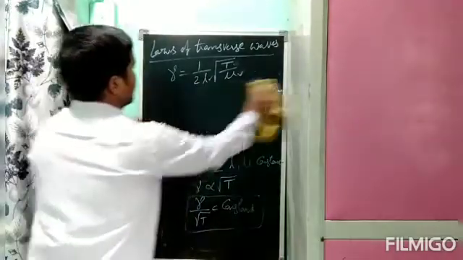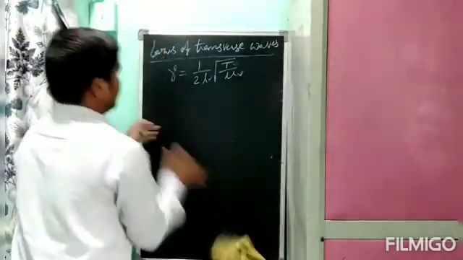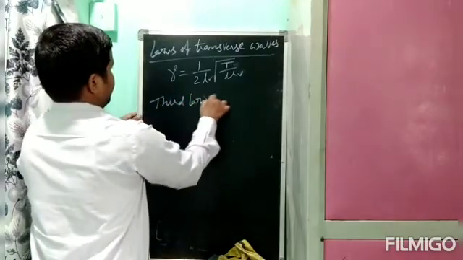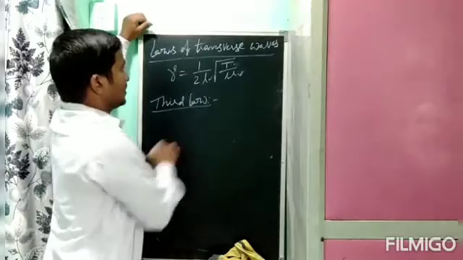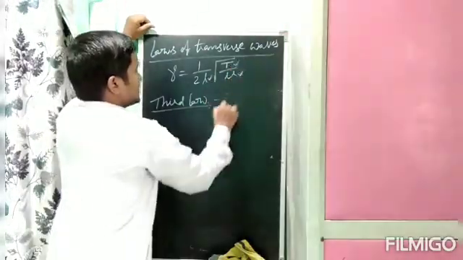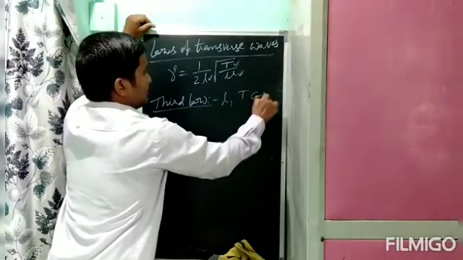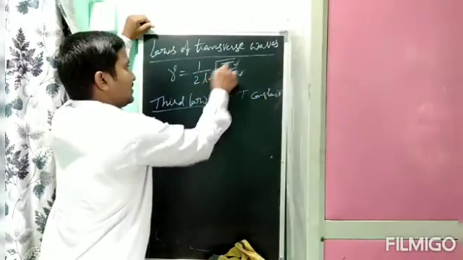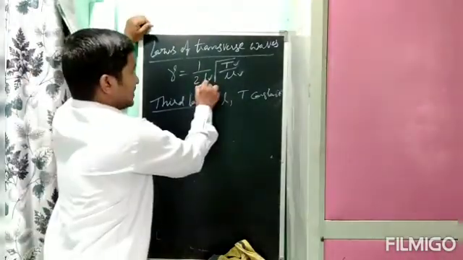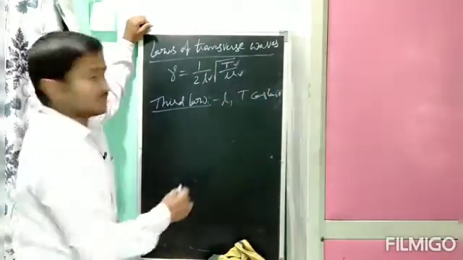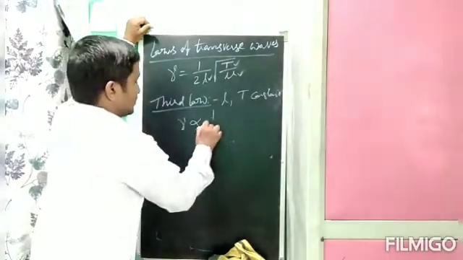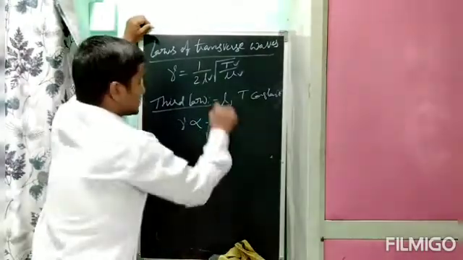The next one is the third law. The third law states that when the vibrating length of the string and tension in the string are kept constant, the fundamental frequency is inversely proportional to the square root of linear density of the string.